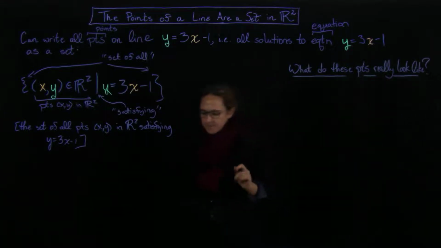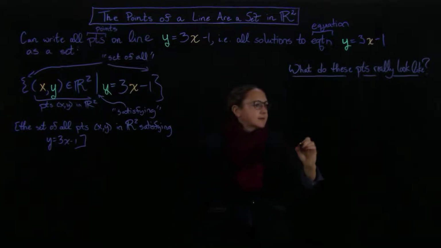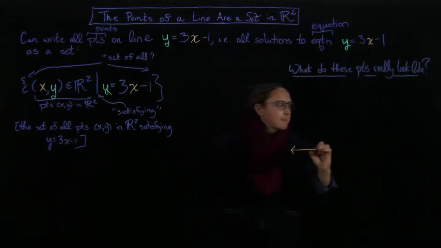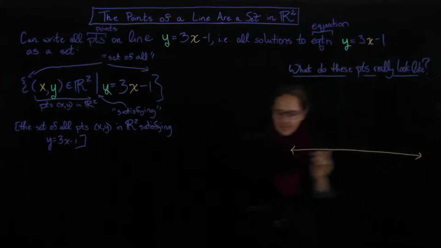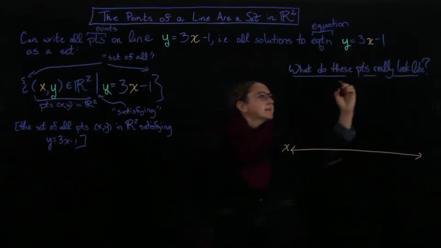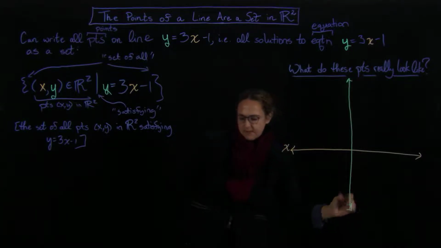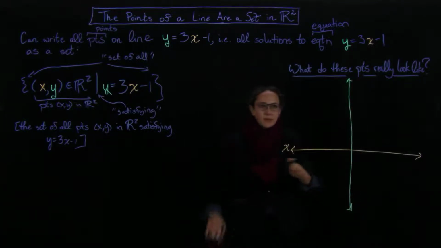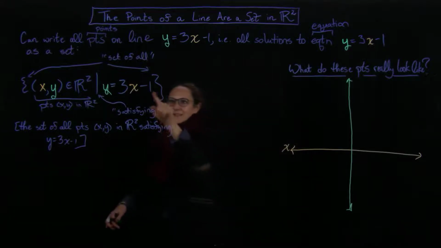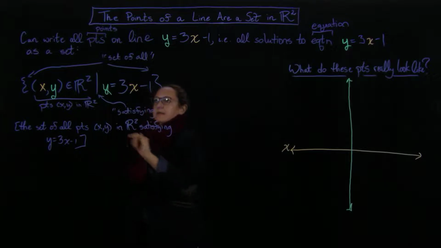As typical, we have our x-axis like this, and then we have our y-axis. And I'm going to do this in red because this is the color that's left.